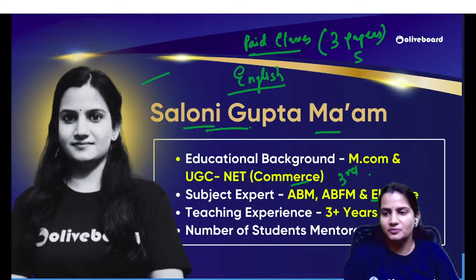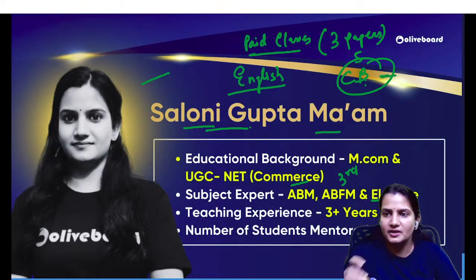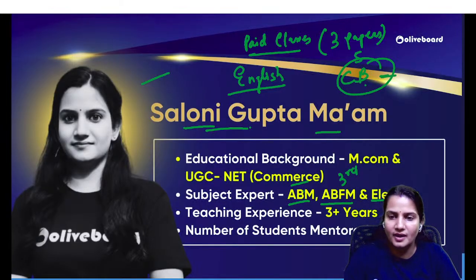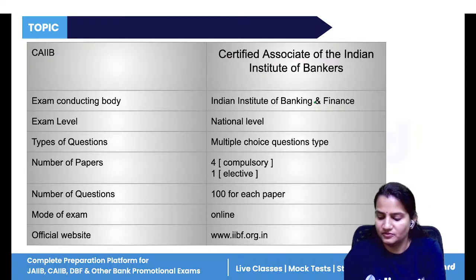In elective paper you will be provided five options. Among those five options, my paper is central banking. Those who opt for central banking as their elective paper can watch my classes. This elective paper would be in both mediums, English as well as bilingual, but these two papers would be entirely in English medium. Now, let's proceed with our session.